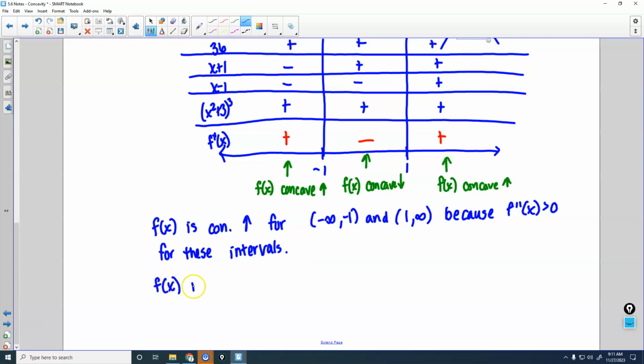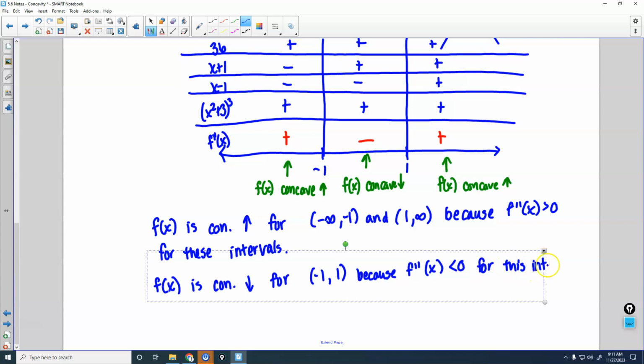And you could do, you don't have to write this down if you don't want, but I'm going to do it real quick, f of x is concave down for negative 1 to 1, because f double prime of x is less than 0 for this interval. So you can always combine if you have more than one, because otherwise it really takes forever. As long as your reason is the same, you can combine them together, and it will be for those.